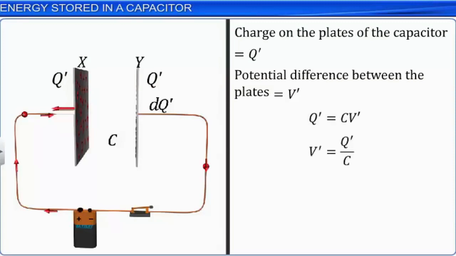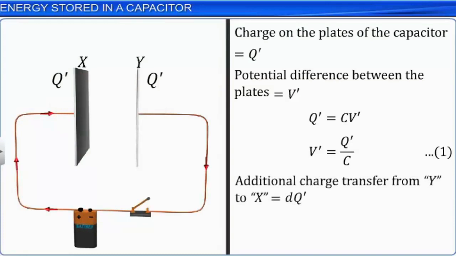Now let us transfer the next additional charge plus dq dash to the plate X of the capacitor from the plate Y, and let the work done in the process be dW. From the definition of potential difference, we know that V is equal to dW by dQ. Therefore, dW equal to V dash dQ dash. Let this be equation 2.